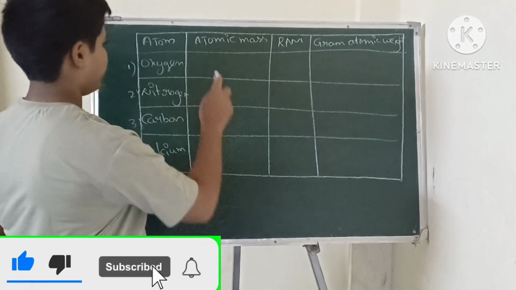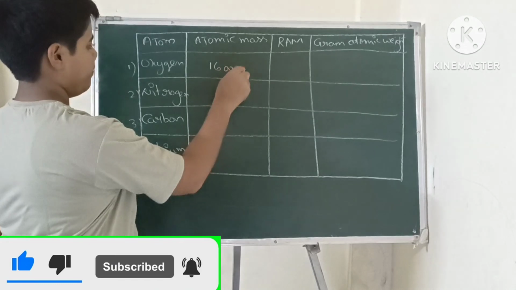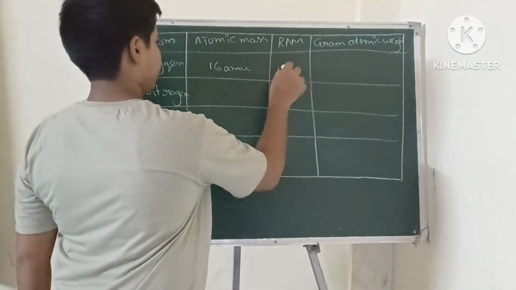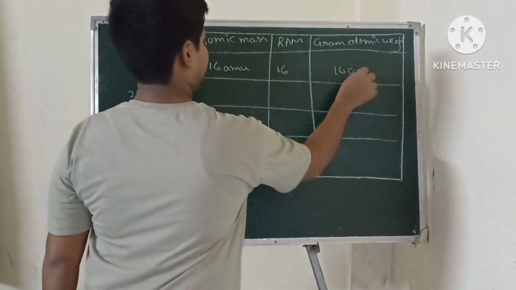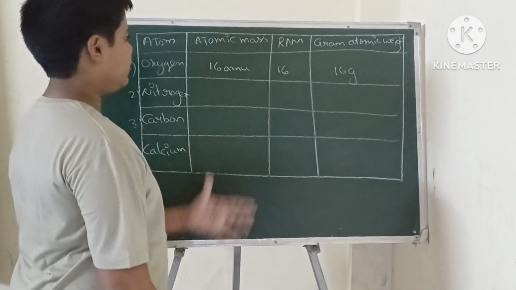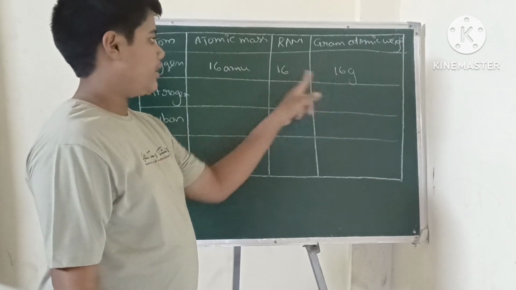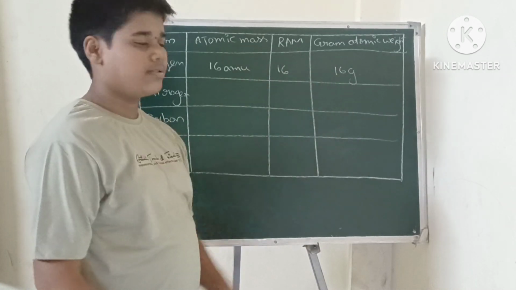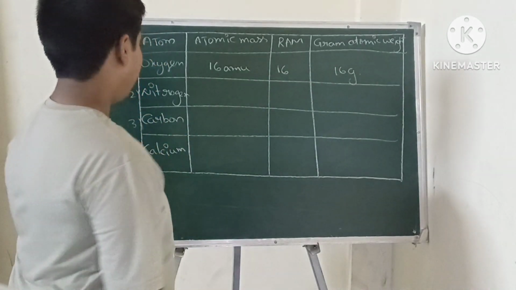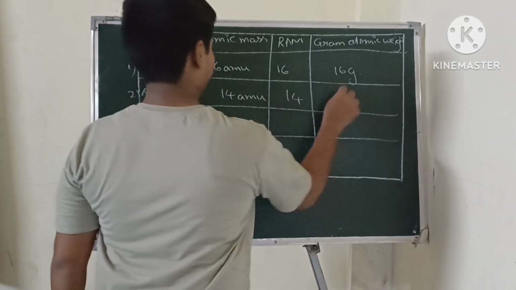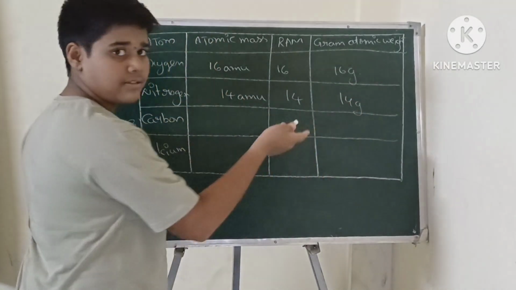Here oxygen atomic mass is 16 AMU, related atomic weight is 16, and gram atomic weight is 16 grams. So the difference between these three is only units: no units, AMU, grams. And here 14 AMU, 14 grams, here also there is no change.